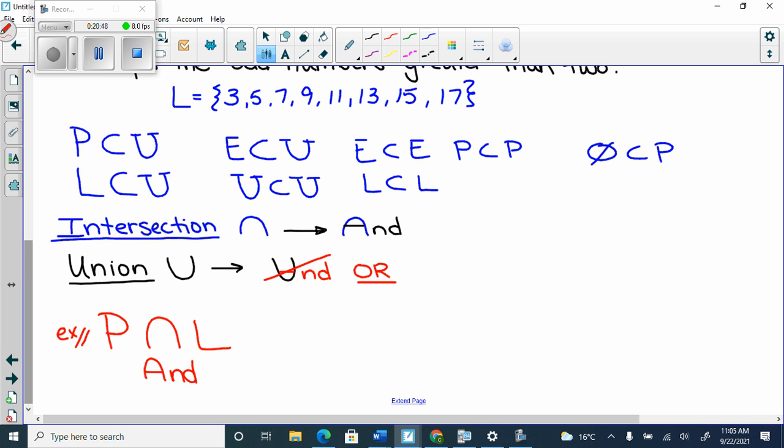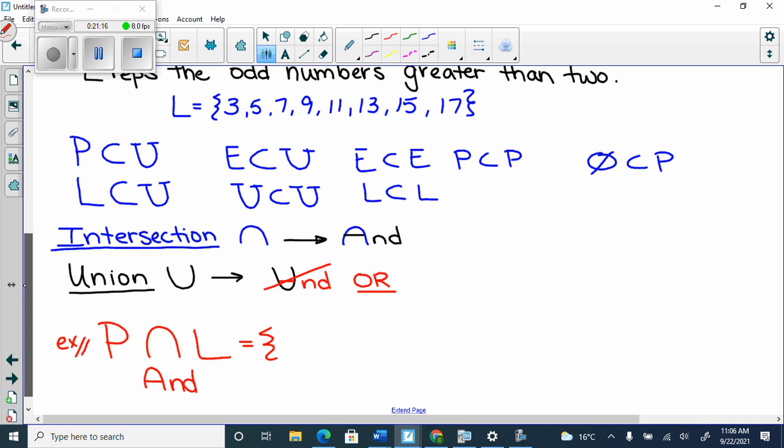And what did and mean when we did blue eyes and socks? The people in both stood, correct? So I'm going to list the numbers in both, just like I did with people standing. So what if the number's in one or the other? Do I list it? No, it has to be in both in order to be intersection, in order to be and. Do we agree?